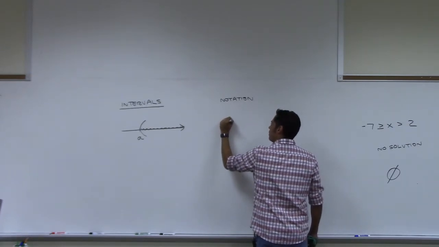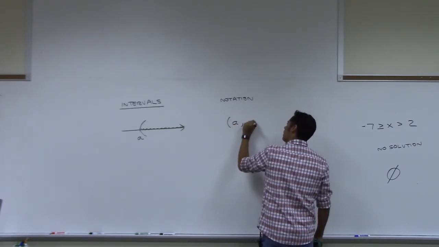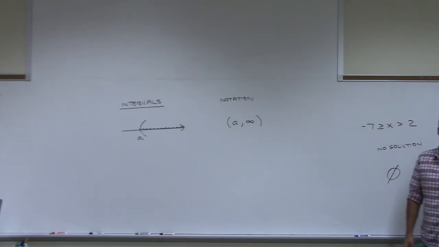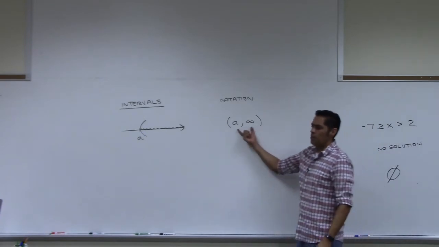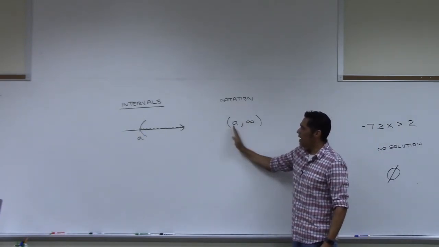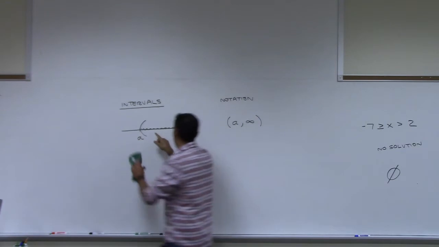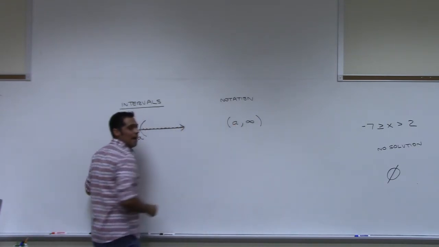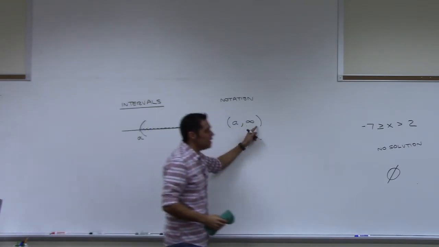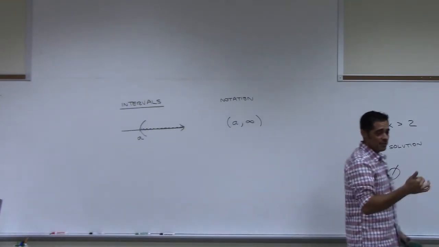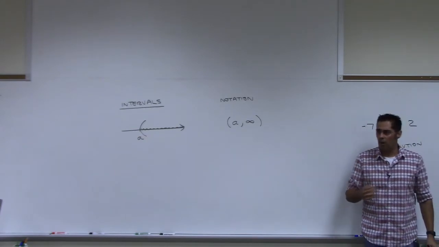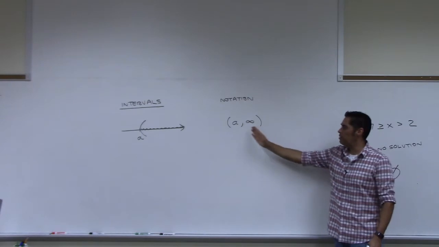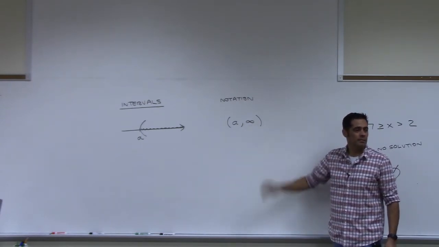You would write like this: A, comma, infinity, parenthesis. So if you write this down, what you mean is everything from A out to infinity. That means positive infinity, out that way forever. The parenthesis on the A means don't include A. The parenthesis on infinity is there because you always have to put parenthesis on infinity. Always. And it's just because infinity is not a number. It's an idea. So you can never actually get to infinity.